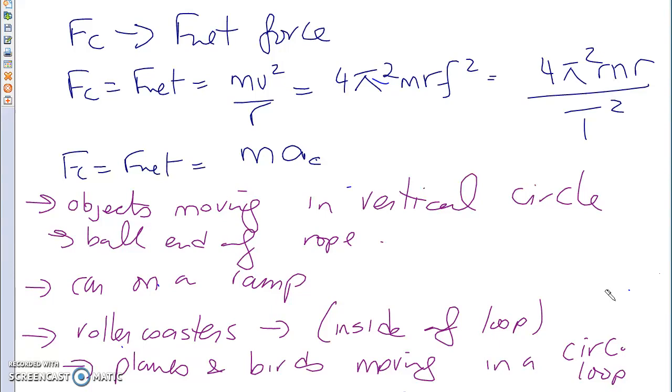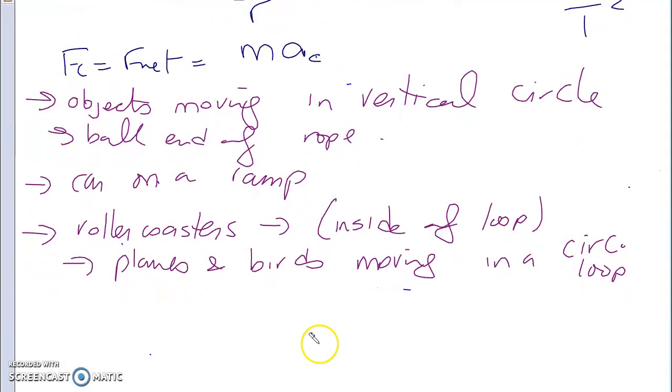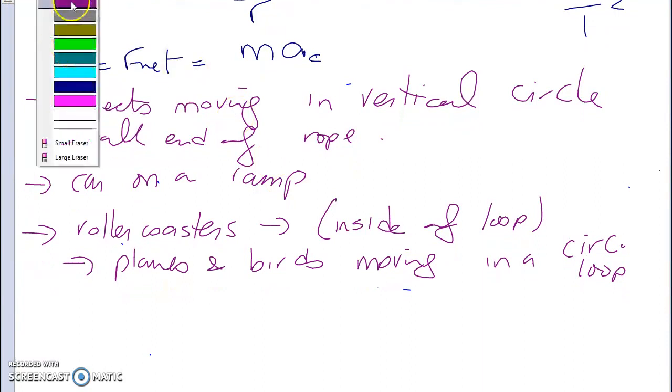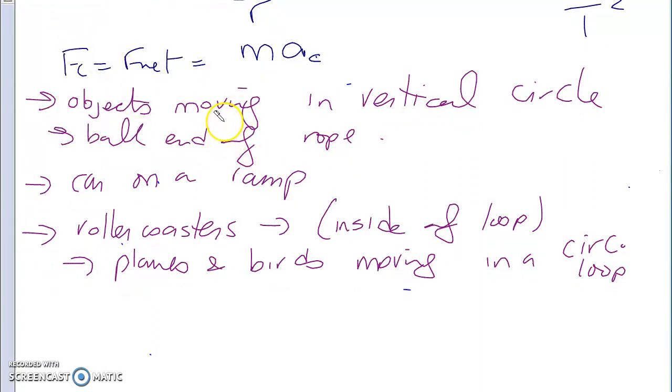Anything else that we've missed? Yeah? That was for the period, yes. 2 pi over v.